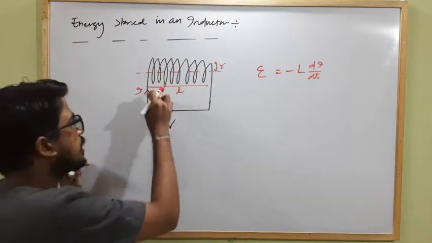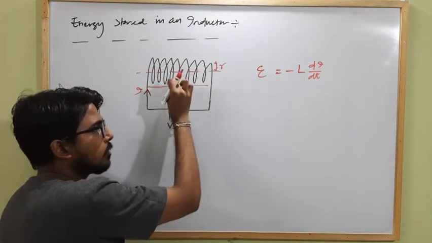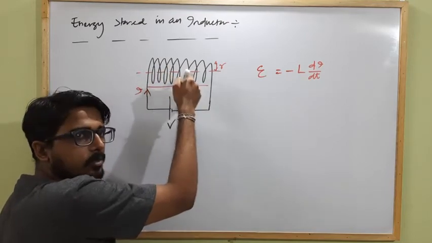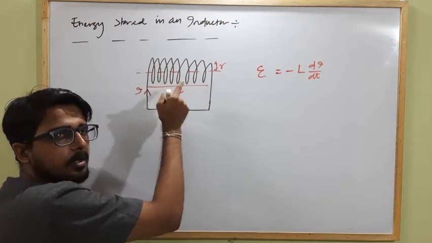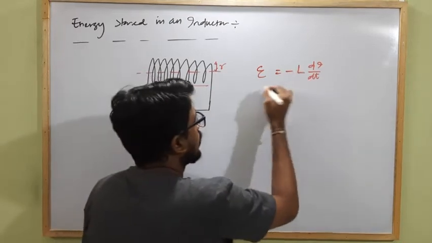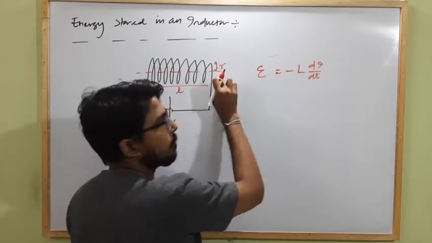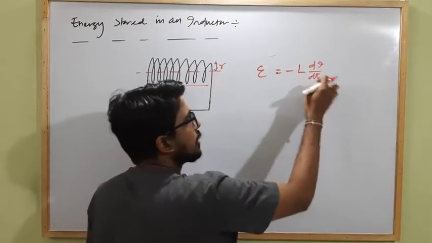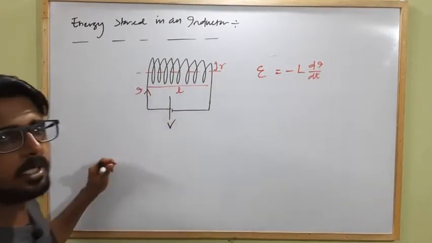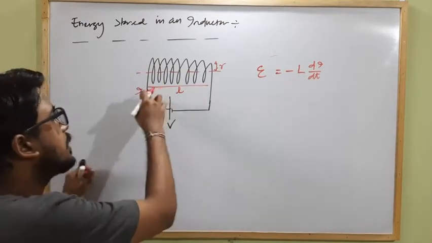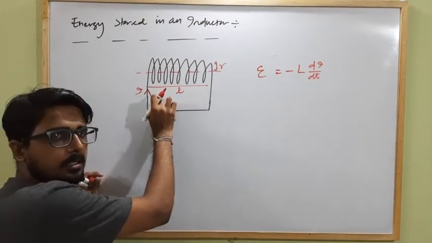Clear? As current starts to flow through this inductor, an EMF is induced within it by itself according to self-induction, and the induced EMF depends upon the self-inductance of the inductor and the rate of change in electric current flowing through it, and it always tries to oppose the change in current. Clear?